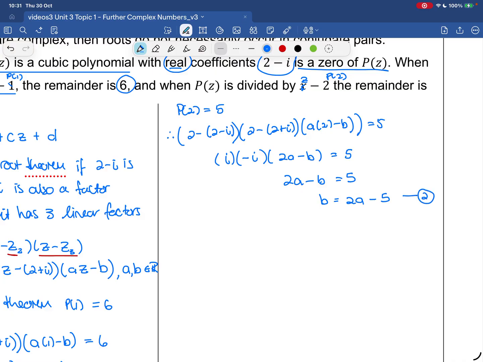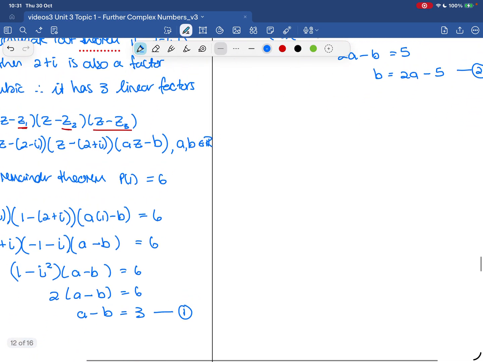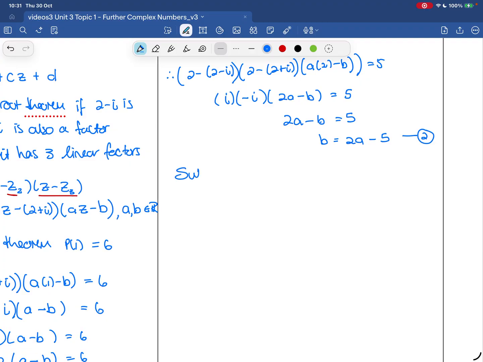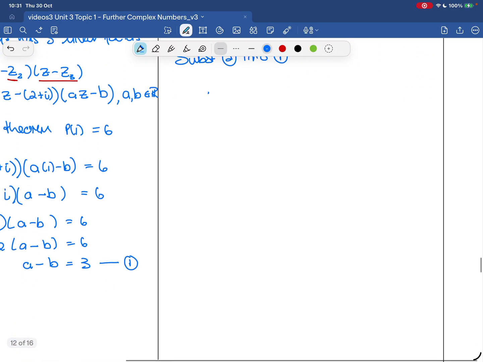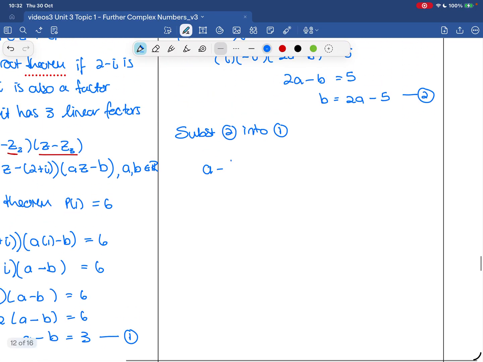All right, I've now got two equations in A and B. I'm going to substitute 2 into 1 so that I get A minus 2A minus 5 is equal to 3.